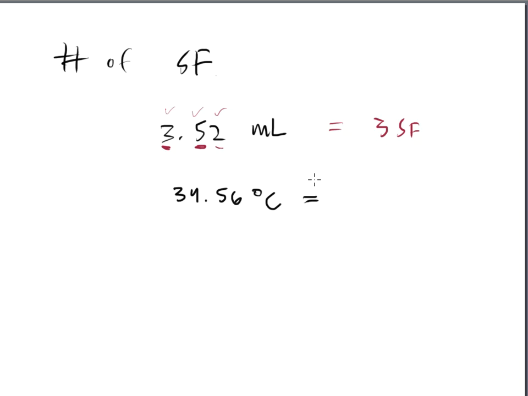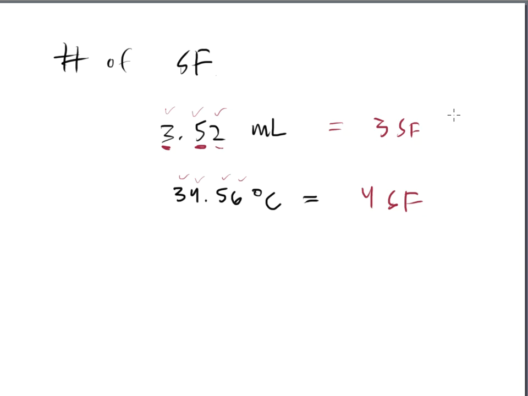Again, this should be a very easy read. 3 and a 4 and a 5 and a 6. There's 4 digits that are written down. That means there's 4 significant figures there.